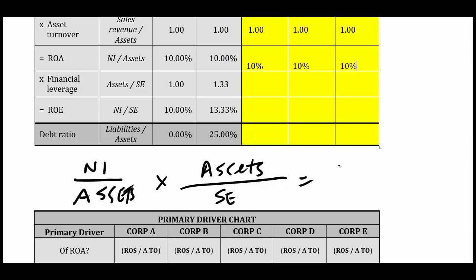So the result, net income divided by stockholders' equity, is also the same as return on equity. So return on equity is the return you get for your stock as opposed to return on assets. Return on assets times this measure called financial leverage gives you return on equity.